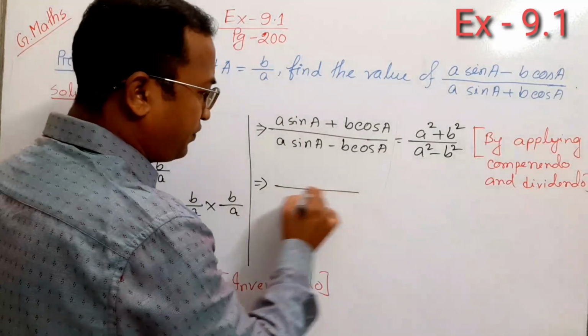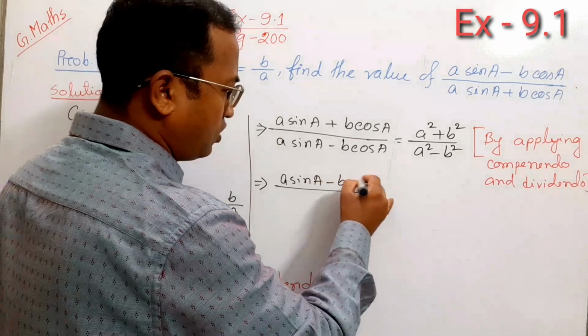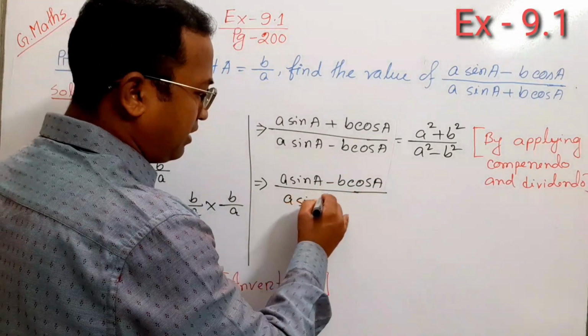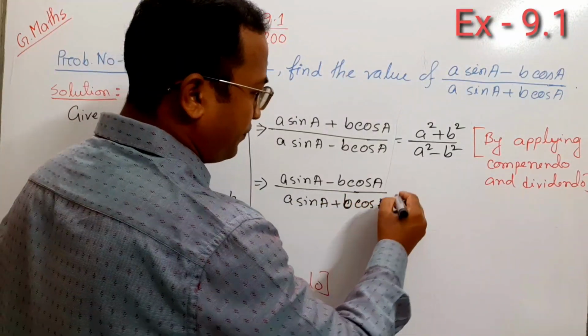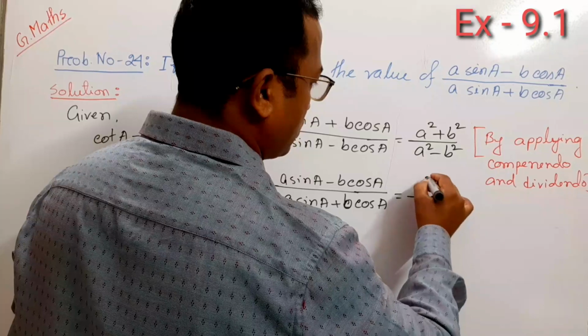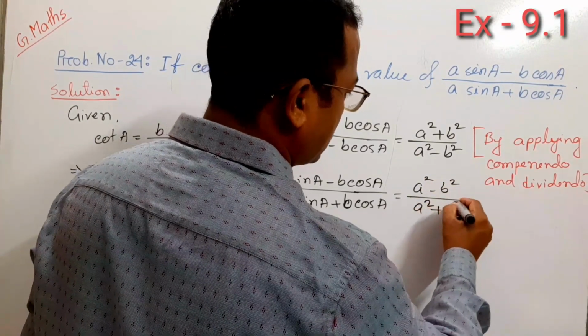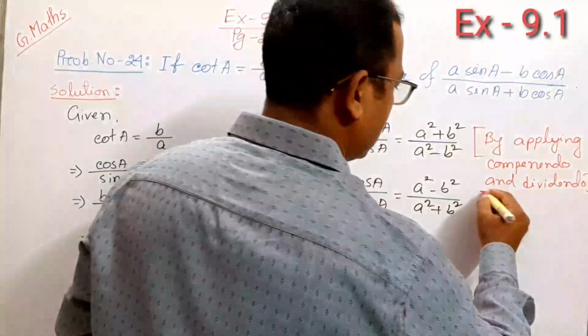So it becomes (a sin A minus b cos A) by (a sin A plus b cos A), and here also (a square minus b square) by (a square plus b square). Here also we have done invertendo. So this is our answer.